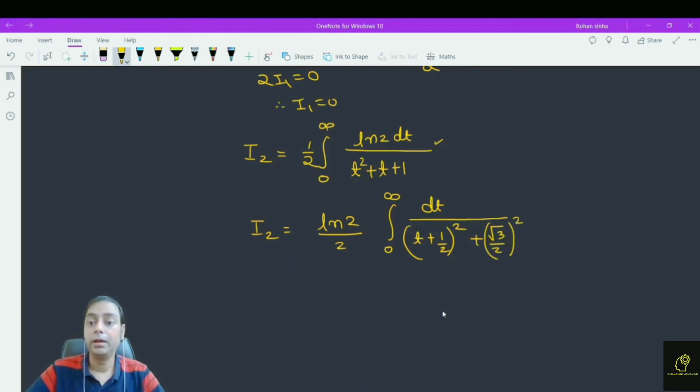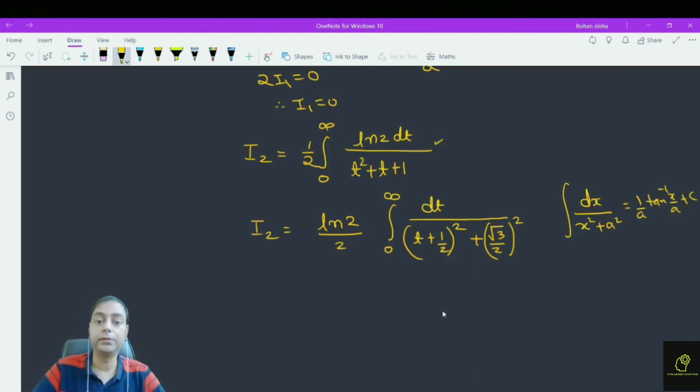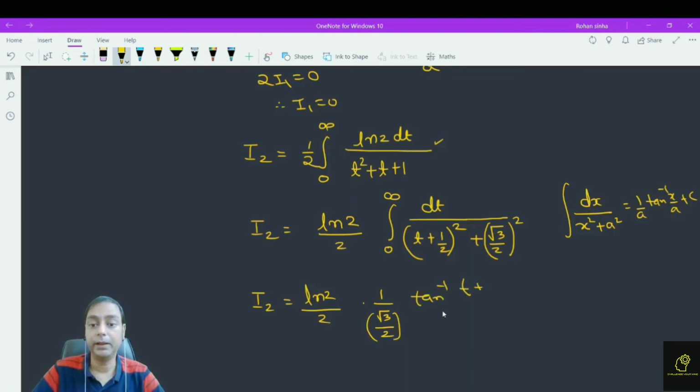Now what is the integral of dx upon x squared plus a squared? It is 1 by a tan inverse of x by a plus c. Simply using this result, we find log 2 divided by 2, times 1 upon root 3 by 2, tan inverse of (t plus 1 by 2) divided by root 3 by 2, with the limit from 0 to infinity.